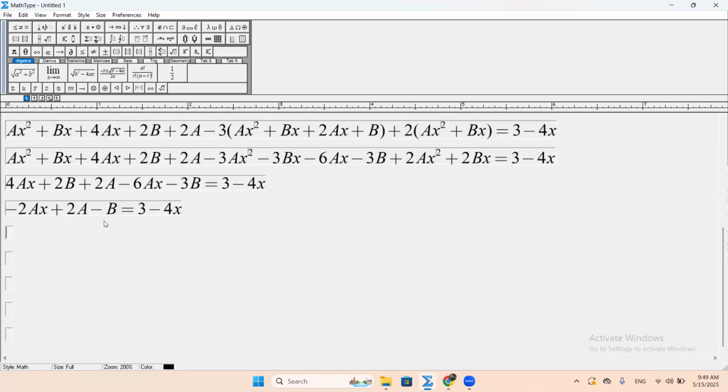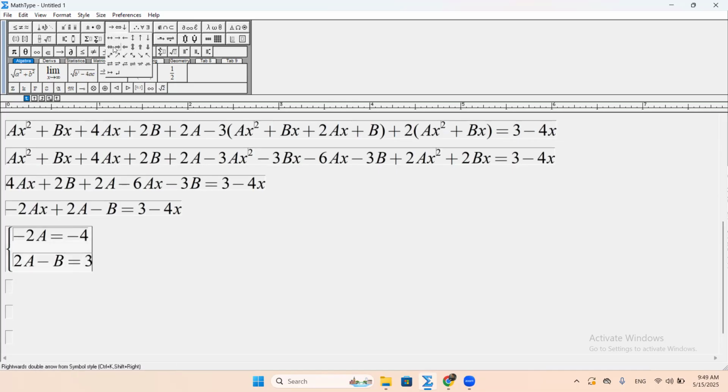So now we can find coefficients. Writing down the system: minus 2a equals minus 4, sorry, and 2a minus b equals 3.